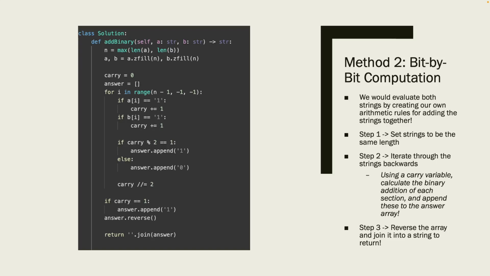Appending things to an array goes to the right side, but ideally we'd want to append it to the left side. But it costs a little bit less to just reverse the string at the end rather than keep trying to append things to the front, because with the way that arrays are declared in most programming languages, it does not like it very much when you try to put something in the front.